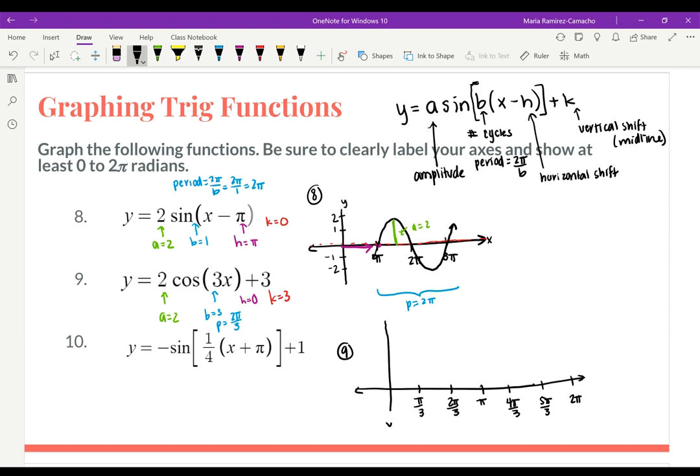We are shifting this graph vertically up 3 units. So I want to make sure that my y-axis goes up pretty high. We'll make this go out to 5.